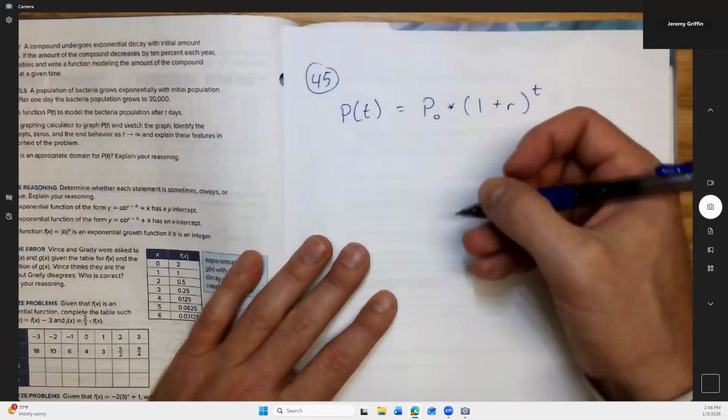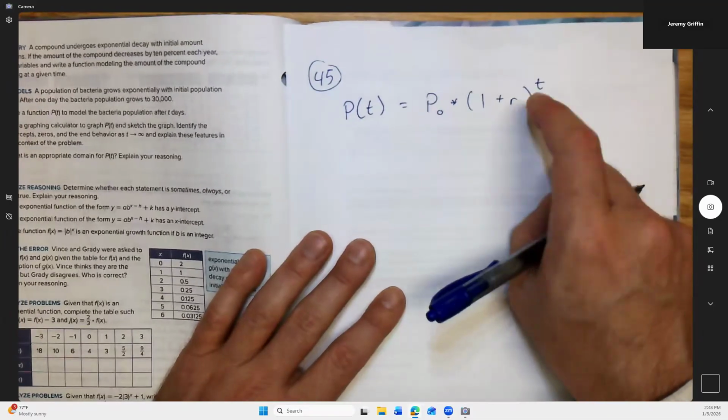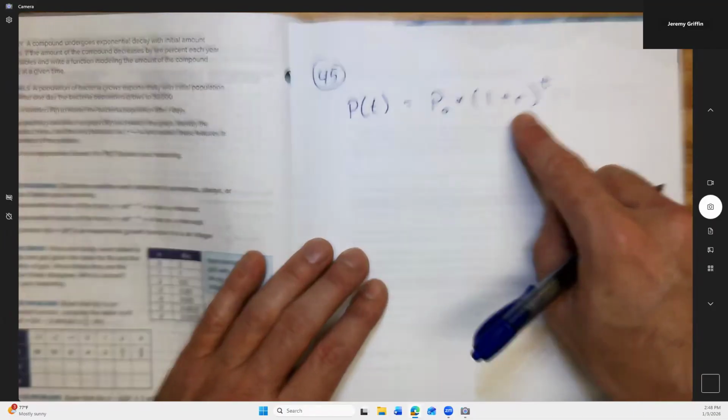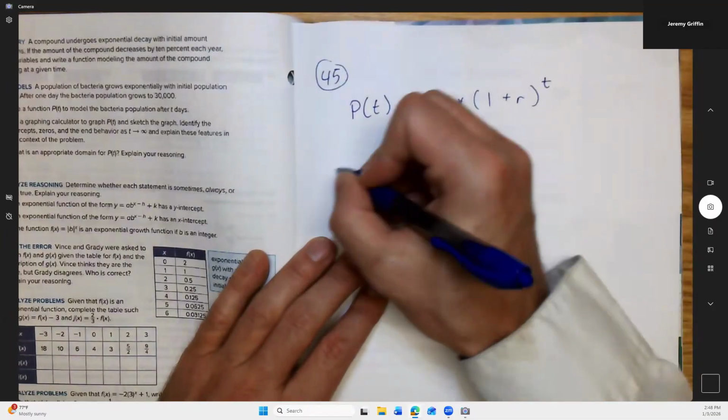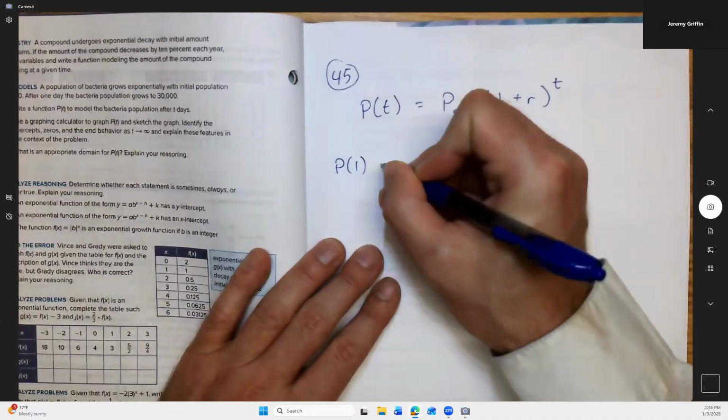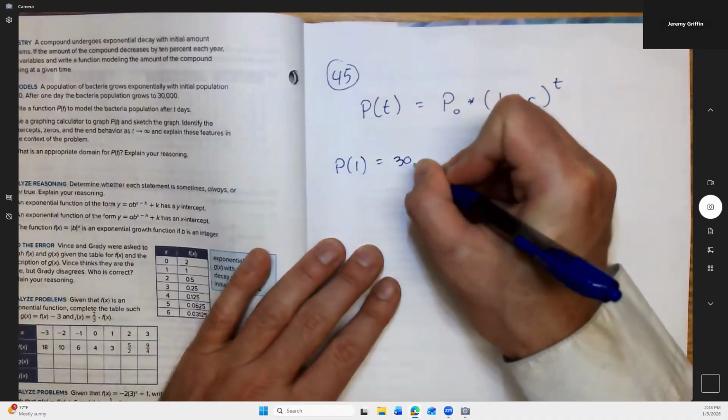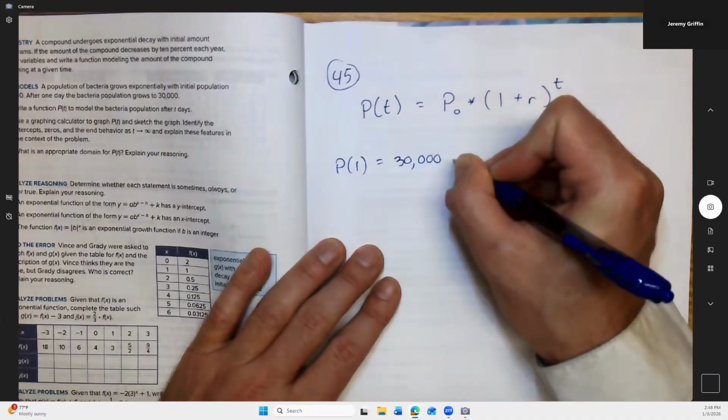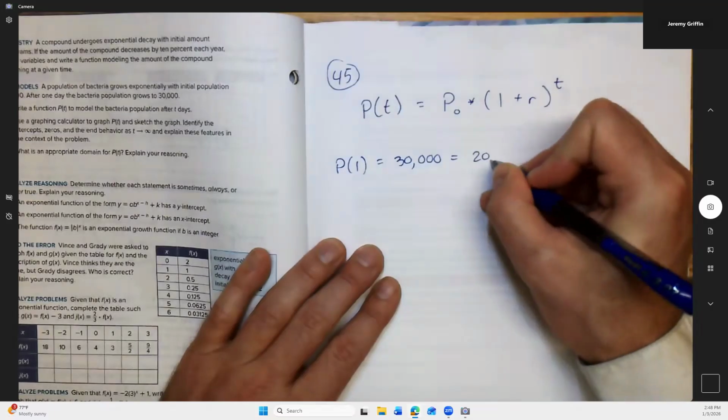Now they didn't tell us the growth rate, but I think we can figure this out because they told us that after one day, we're up to 30,000. And that starts from 20,000.